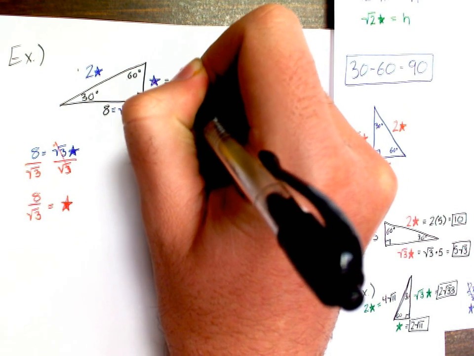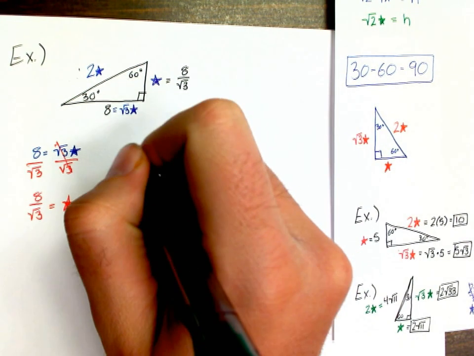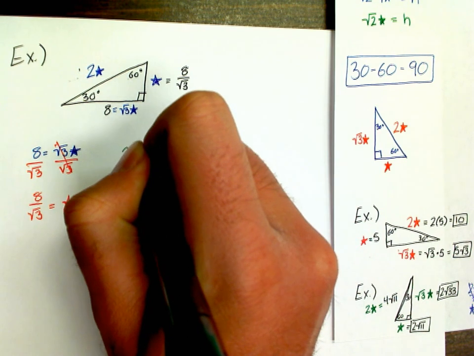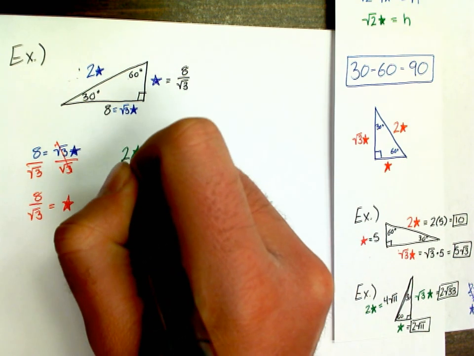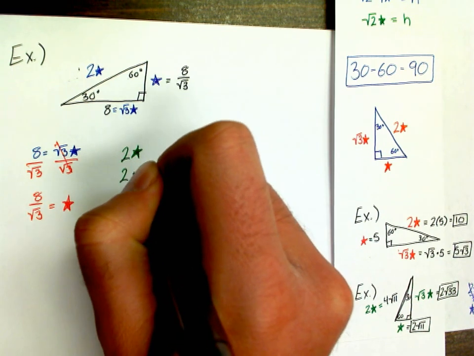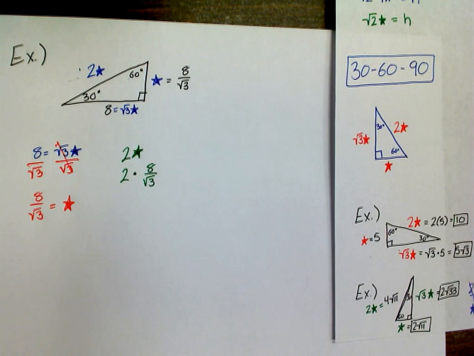Okay, now that I have star, to get the third side I just need to multiply it by 2. So let's come over here and let's do 2. So let's do this. 2 star, just so you know what we're doing, is equal to 2 times 8 over the square root of 3. Well, remember, when multiplying fractions we go straight across, and I can make this 2 into a fraction by just putting it over 1.